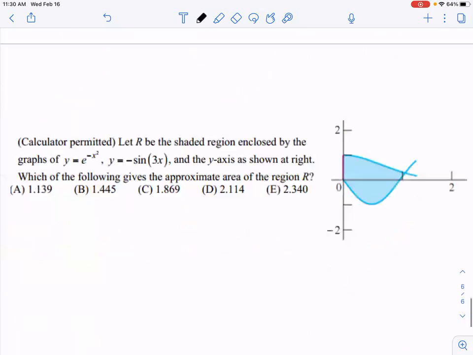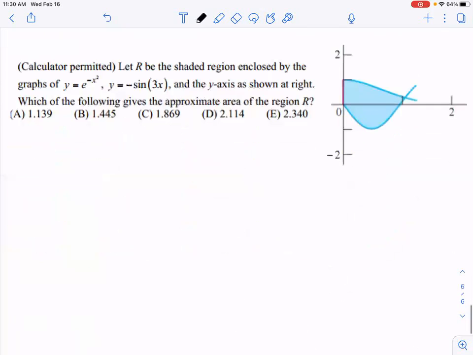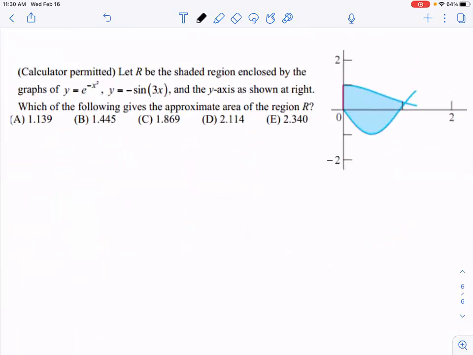All right. This is our last problem. Let R be the shaded region enclosed by the graphs y equals e to the negative x squared and y equals negative sine of 3x.